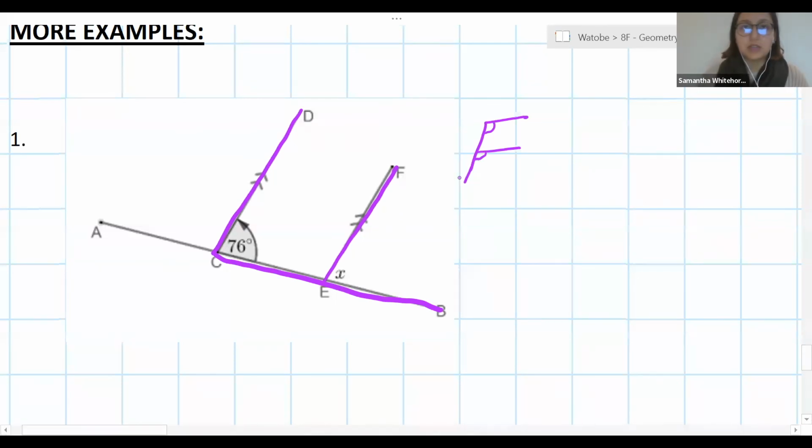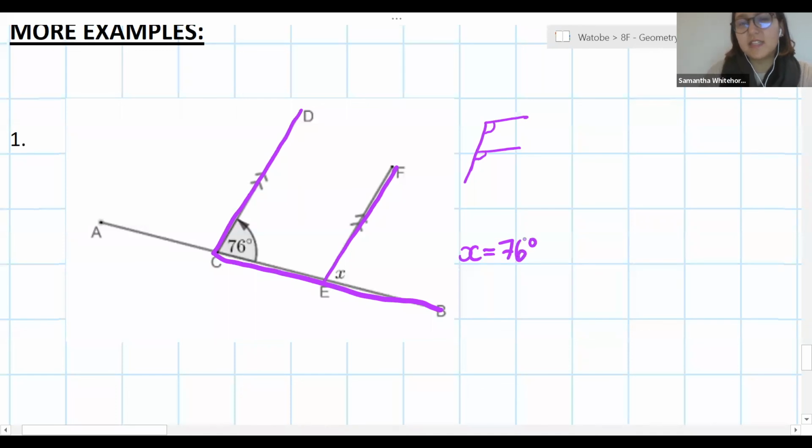So I see some hands already raised. Do one of you maybe want to tell me what X should be equal to? Okay, we can go to Uratile. Let's give it a try. Hi, ma'am. X is equal to 76 because it is corresponding. Wonderful. Well done.